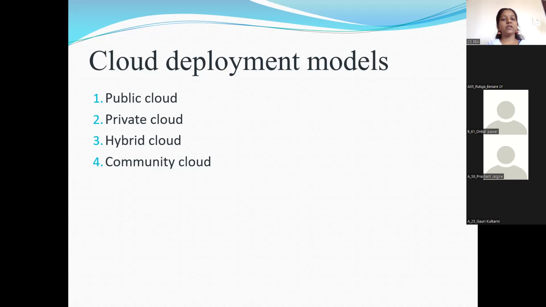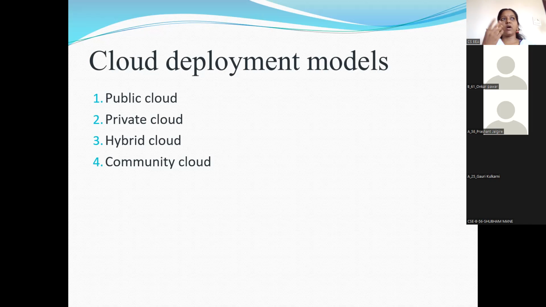The deployment model identifies the specific type of cloud environment based on ownership. Who your clients are, what type of data they want, then the scale, the particular quantity of data they want, and access, like at which time they want access and at which time they will release it, all that information will be stored.